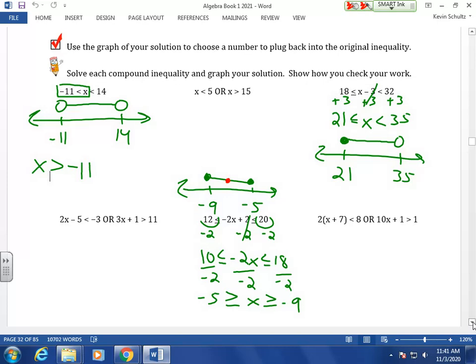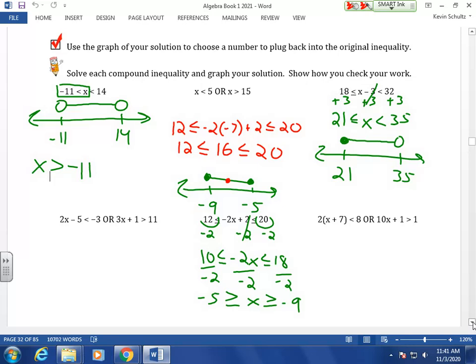If we plug in negative 7 to the original inequality, it should work. So we've got 12 is less than or equal to negative 2 times negative 7, replace x with negative 7, plus 2 is less than or equal to 20. We get 12, negative 2 times negative 7 is 14, plus 2 is 16. Is 16 between 12 and 20? Yes, it is. So it works.